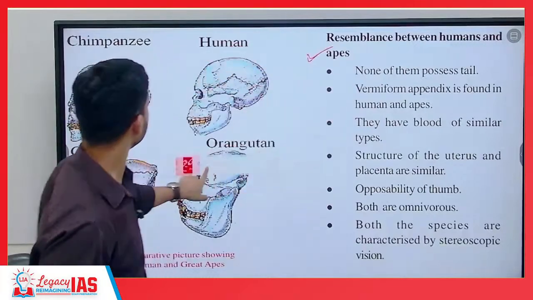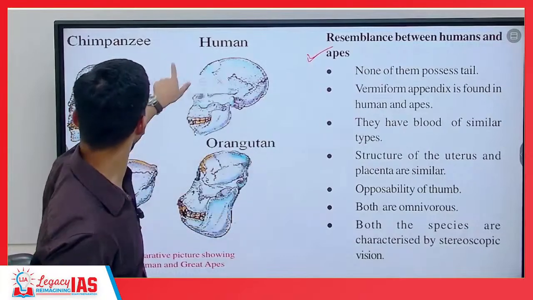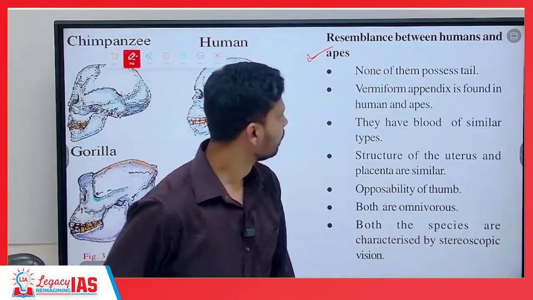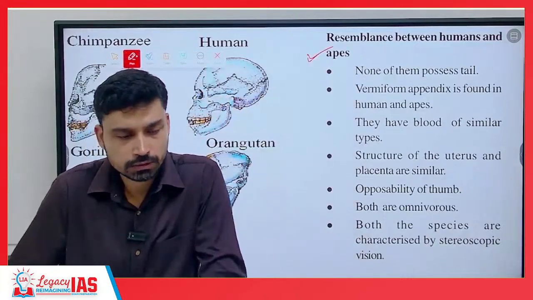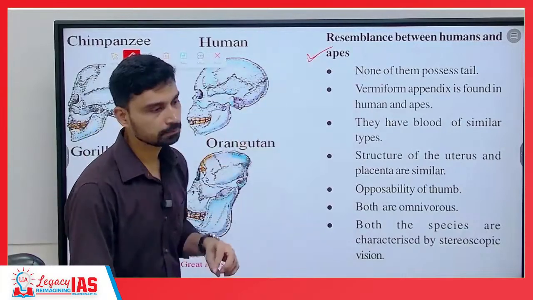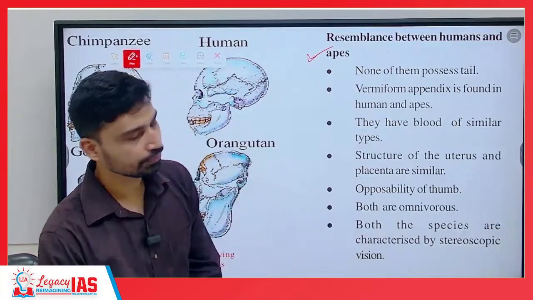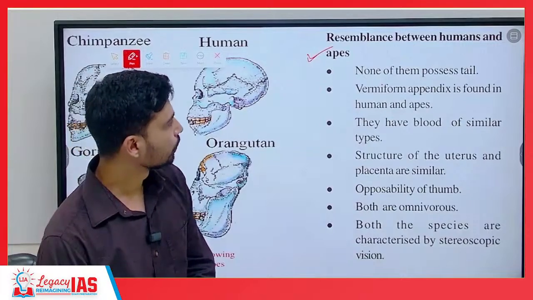First, it is common and understandable that none of the apes possess any kind of tail. Three apes basically: orangutan, gorilla, or chimpanzee. None of them possess a tail.